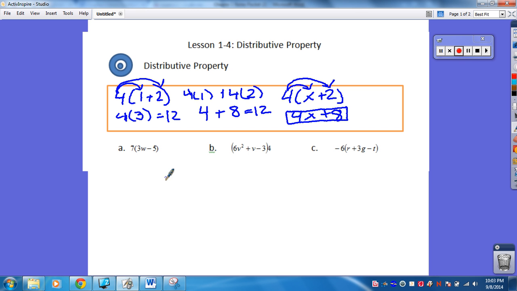Okay, so down here on the bottom, we have some example problems. I'm going to do the first one for you, and then I'm going to ask you to do B and C and bring them into class to show me that you've watched this video. Okay, so again, we're taking what's outside the parentheses and multiplying it by both terms inside the parentheses. 7 times 3w. 7 times 3 is 21, and then I leave the w.